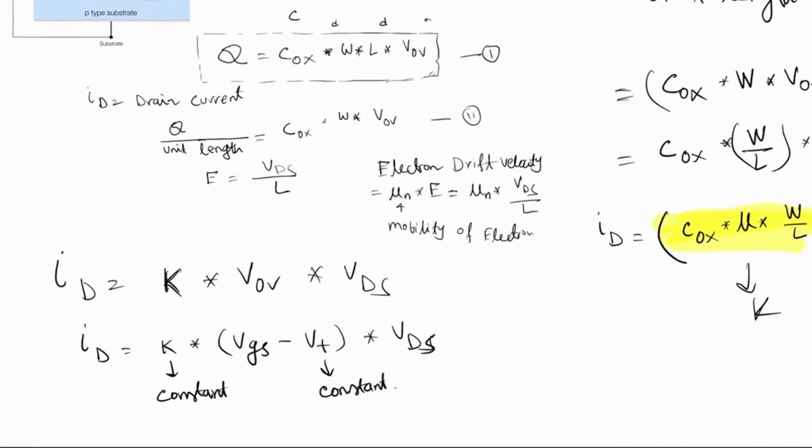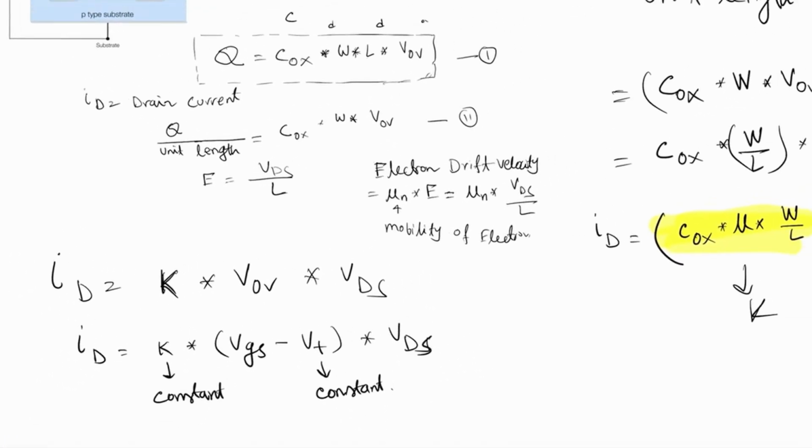That means for a particular value of VGS, if we keep VGS constant, then ID is directly proportional to the VDS. So if we make a plot, this side is the VDS, this side is the ID. For a particular VGS, the current will be like this.